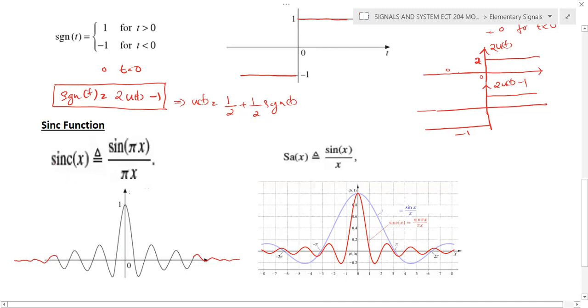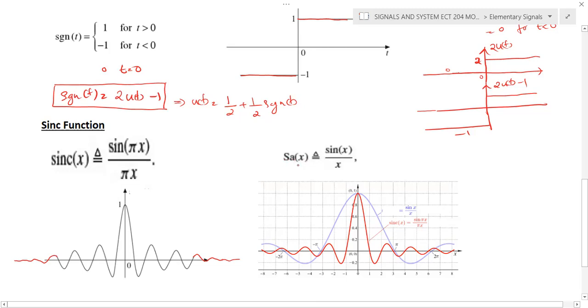Okay, the sinc function, there is actually two version. Sinc of x is actually defined as sine pi x by pi x. Okay, that is actually sinc. In some textbook, it's also written as sine x by x, but that sine x by x is usually represented by sa function.